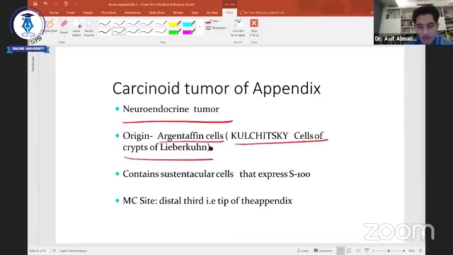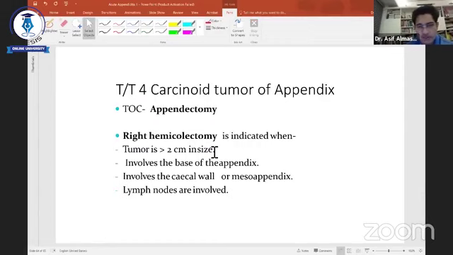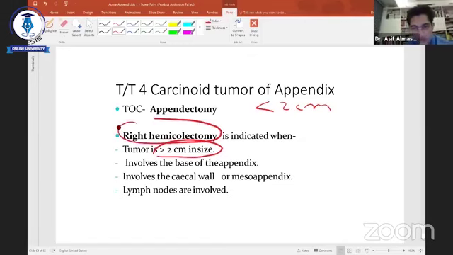If you get something like that, do an appendicectomy if it is less than 2 centimeter. If it is more than 2 centimeter, then go for right hemicolectomy. This is very important. Less than 2 centimeter, go for appendicectomy. More than 2 centimeter, go for right hemicolectomy.